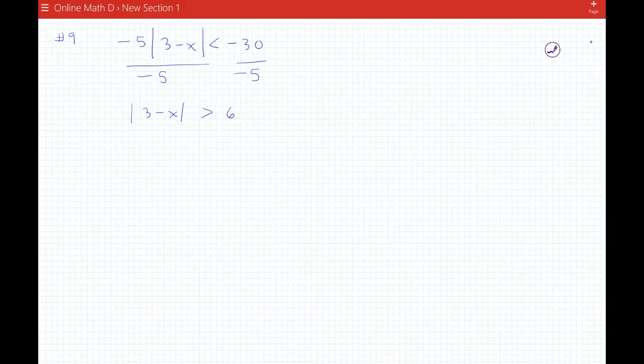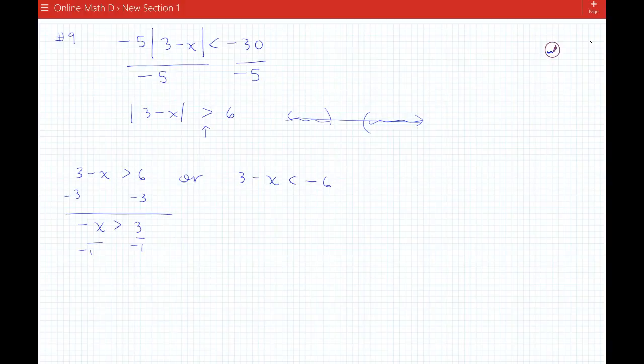So now I have a greater than in absolute value, so I know I'm going to have the two tails sort of solution. So I either have 3 minus x is bigger than 6, or 3 minus x is less than negative 6. So I'm going to subtract 3 from both sides and get that negative x is bigger than 3. Divide both sides by negative 1, which reverses the inequality, and I get that x is less than negative 3.